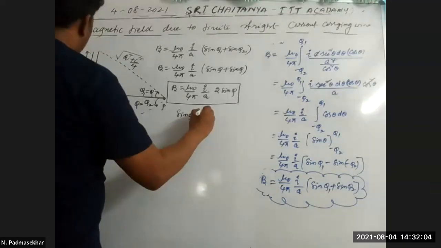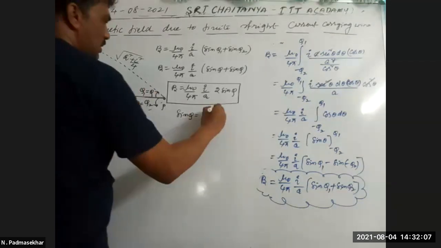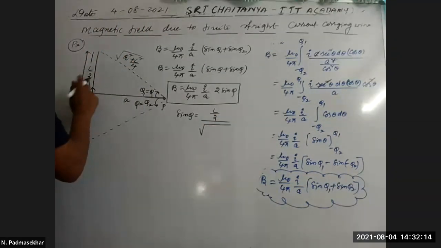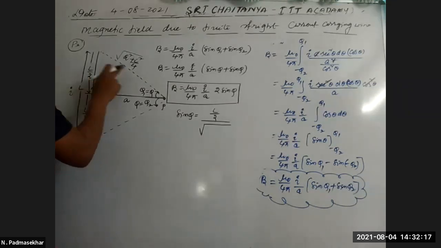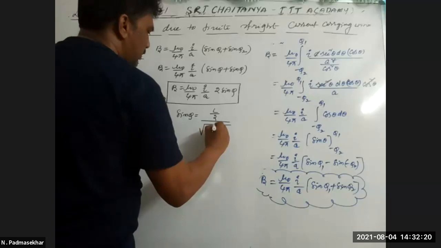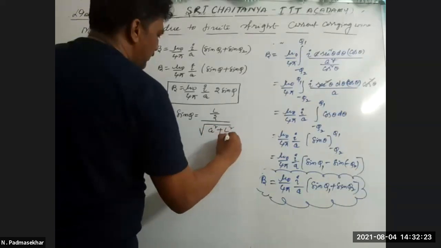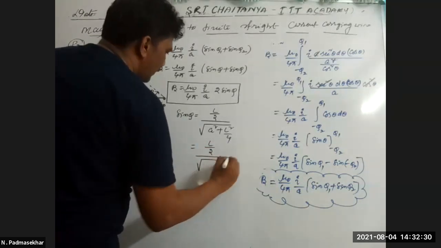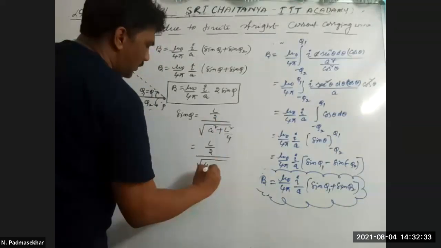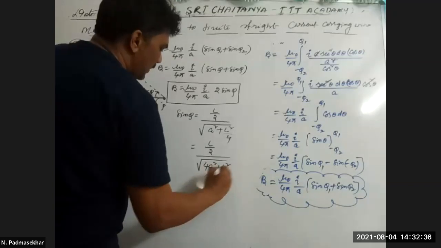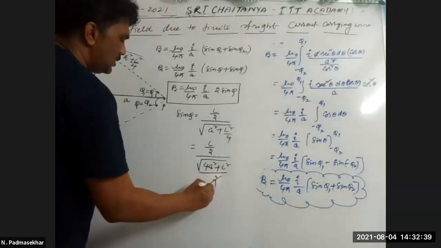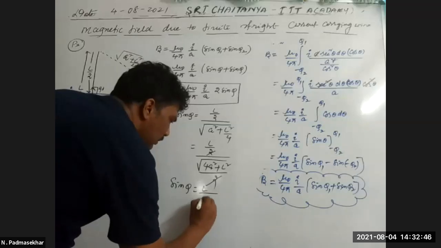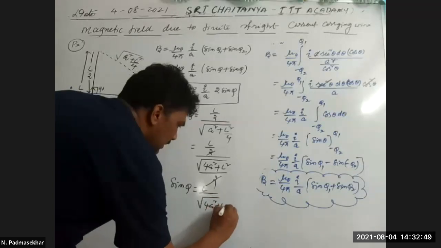Sine phi is perpendicular by hypotenuse, so L by 2 by root over (4A square plus L square) by 4. The 2 cancels, so sine phi is equal to L by root over 4A square plus L square.